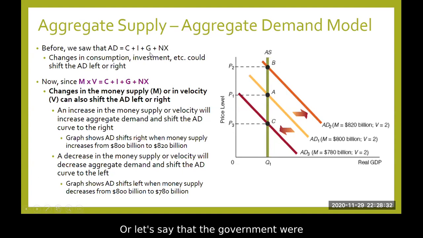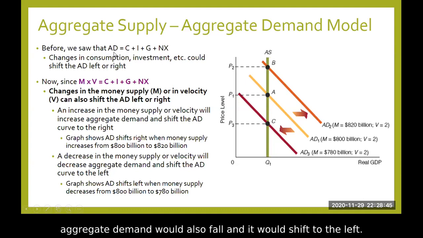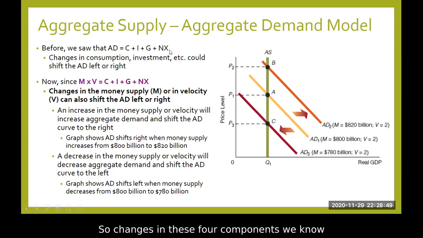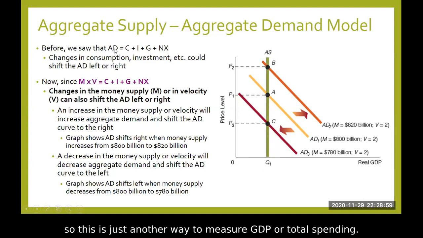Or let's say the government were to increase income taxes so that we're left with less disposable income. Then we would cut back on household spending, so C would fall, and as a result, aggregate demand would also fall and shift to the left. So changes in these four components can shift aggregate demand left or right. Now we're saying that if we can substitute in M times V for aggregate demand, this is just another way to measure GDP or total spending.